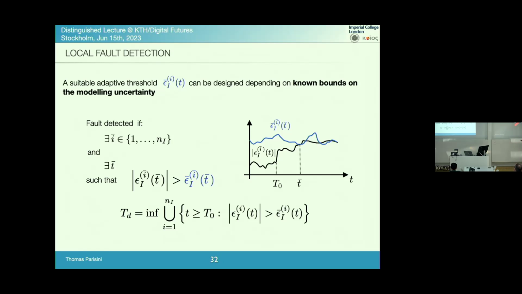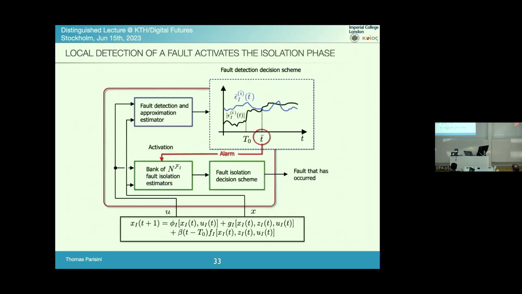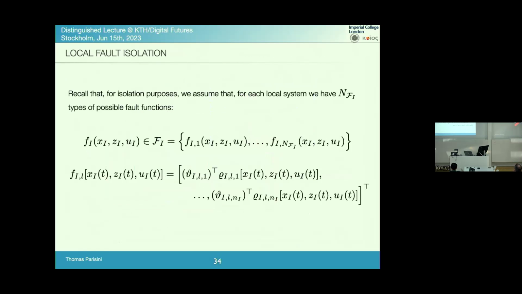And so that's quite an easy decision scheme. And when you then go to activate the isolation part, that is the point I promised to make. If you want to decide which fault has occurred, it is basically a model matching problem.